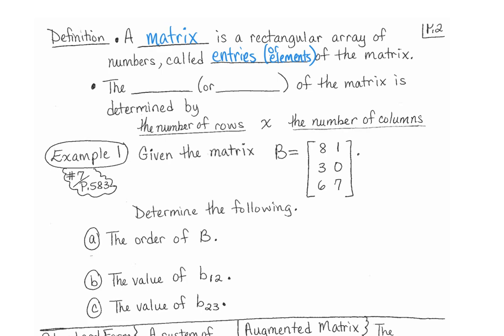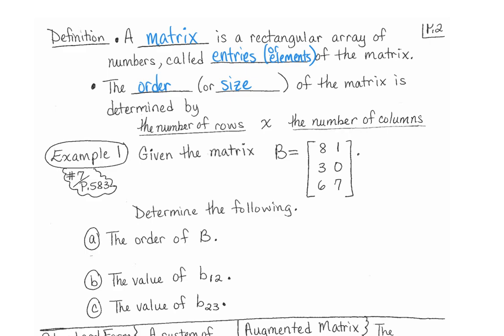The order or the size of the matrix is determined by the number of rows by the number of columns. Very good. Some people call it what? Dimension. Will I call it that? No, but that's okay.